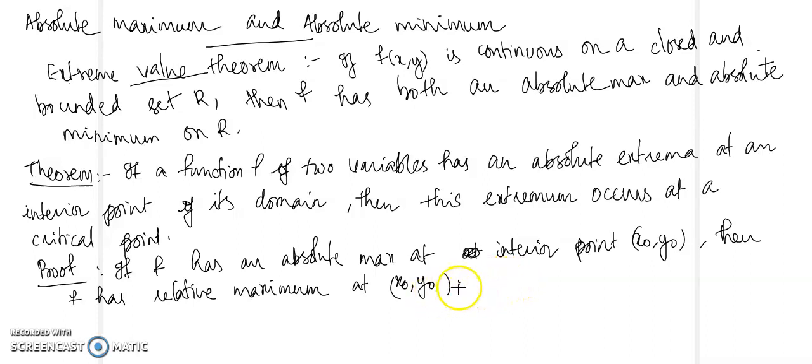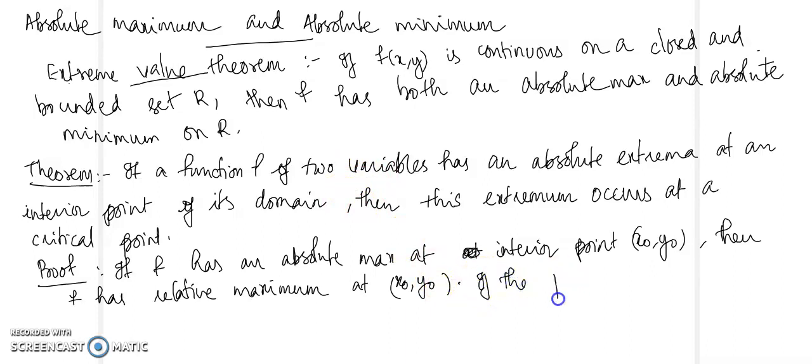Now by using the previous theorem, if a function has a relative maximum at a point (x0, y0), then we have seen in the last class that we take cross sections, the planes x equal to x0 and y equal to y0, and there it becomes a single variable function. So the corresponding derivatives at the point will be 0. So that gives fx at (x0, y0) equal to 0 and fy at (x0, y0) equal to 0, provided the derivatives exist.